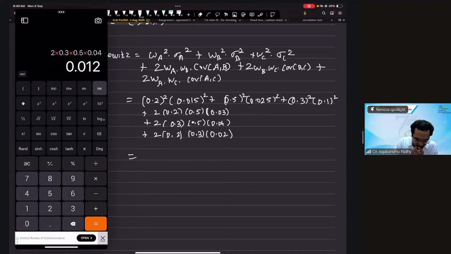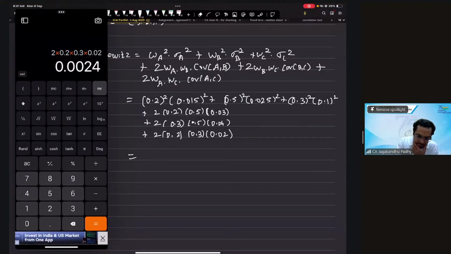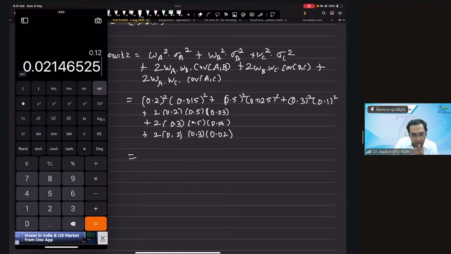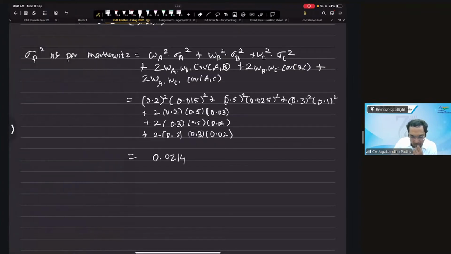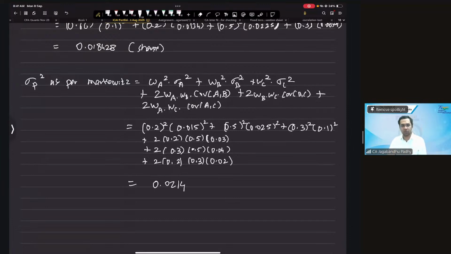That is m plus 2 into 0.2 into 0.3 into 0.02. That's again m plus. And then we say memory recall. Yeah, this is good. This is number 0.0214.